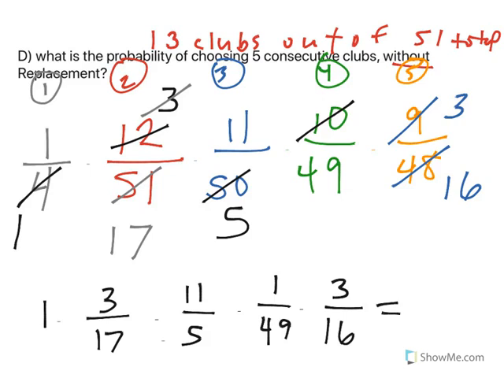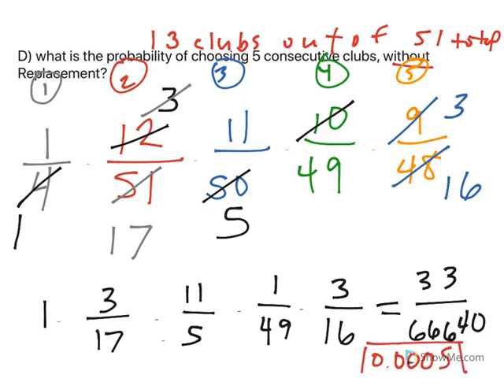When I multiply, I get 33 over 66,640, which is roughly 5/10,000. There we go. So that is the probability of you taking a deck of cards and just dealing out 5 consecutive clubs without replacement, right? So after the first card is out, it's done. You can't get it again. And that's your basics of probability with a deck of cards.